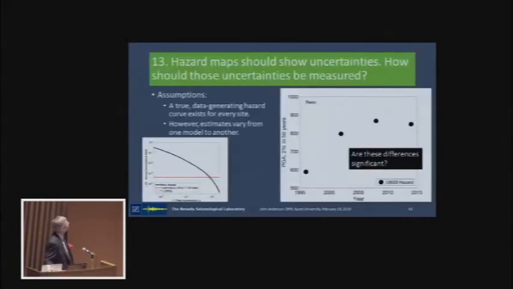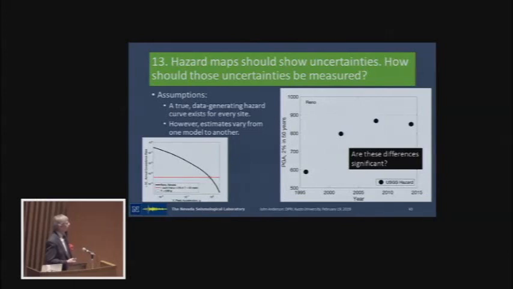I'd like to bring up some general issues as well. Our hazard maps don't show the uncertainties. I've just been talking about different uncertainties in the ground motions, and because of the uncertainties, from one generation of hazard maps to another, we might get different answers.